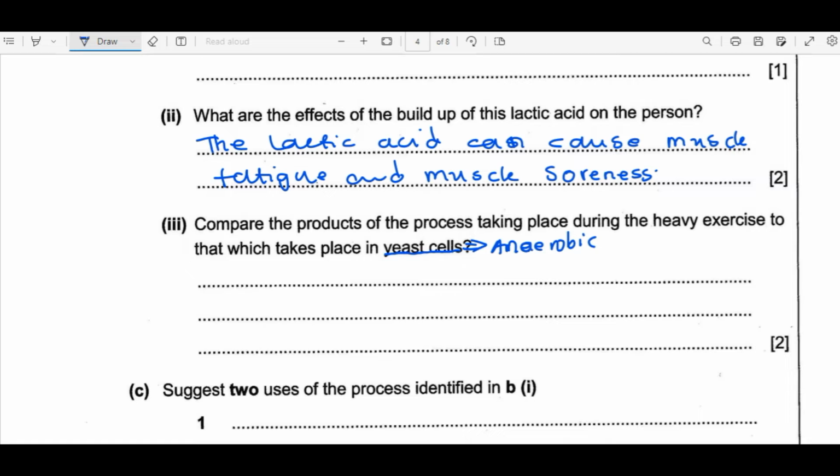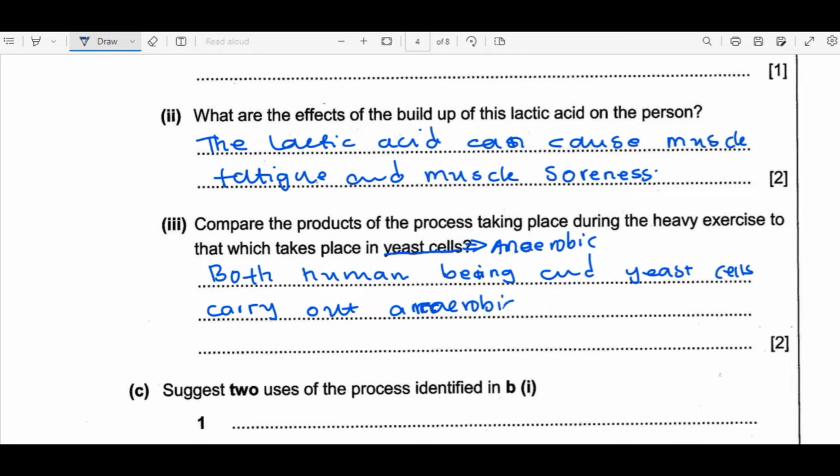So say both human being and yeast cells carry out anaerobic respiration to produce a small amount of energy.